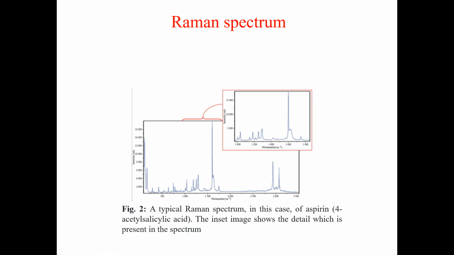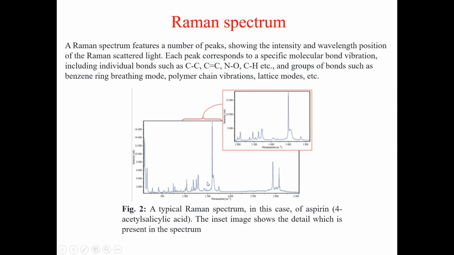The typical Raman spectrum which we obtain as a result of Raman spectroscopy is the one you can see here. This is a typical Raman spectrum of aspirin, and the image here shows the detail of the content found in the material. A Raman spectrum basically features a number of peaks showing the intensity and wavelength positions of the Raman scattered light.